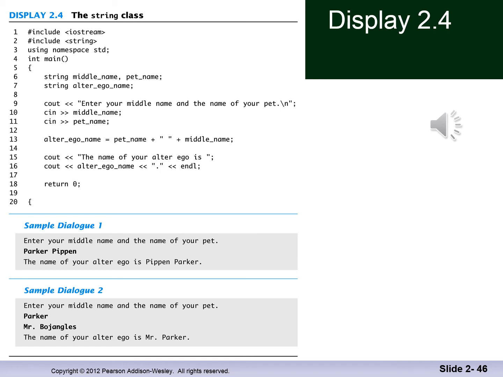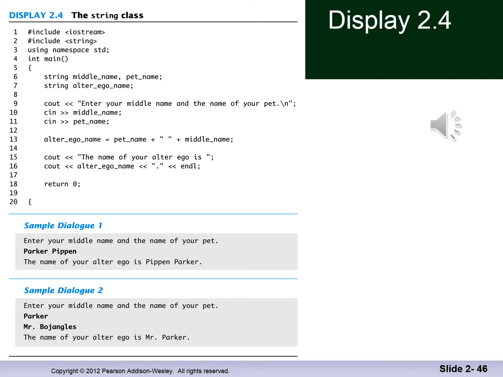Then alter ego name is assigned pet name plus the string, notice double quotes, 1 space, plus middle name. So the value in pet name plus a space plus middle name are all concatenated, added together, and assigned to alter ego name.